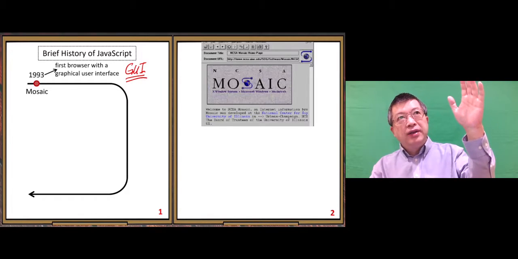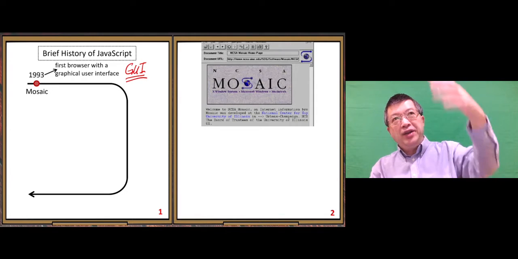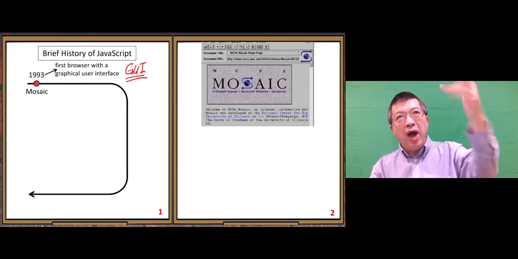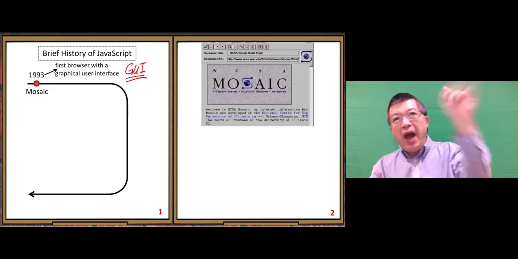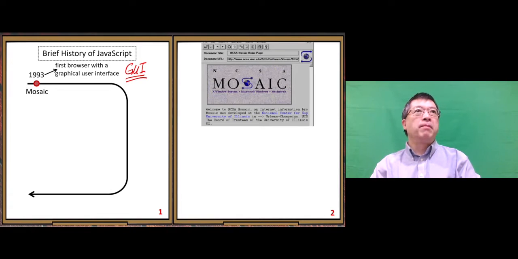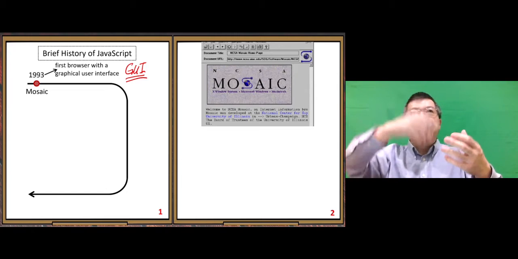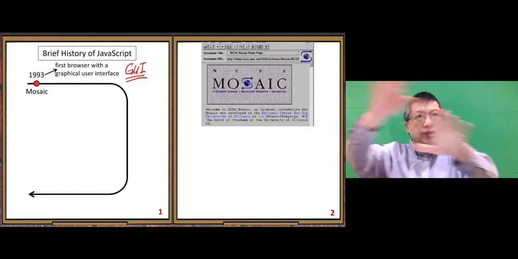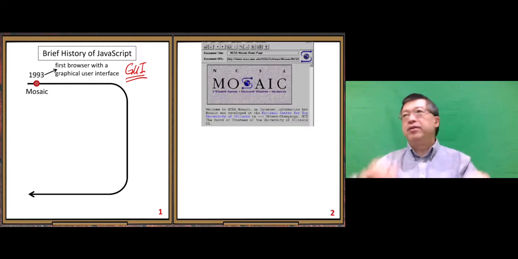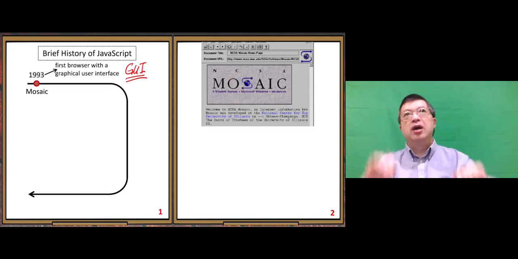Then after many years, the web, 1989. After that, people start to send data, send information, distribute it through the network, through the internet to different places.